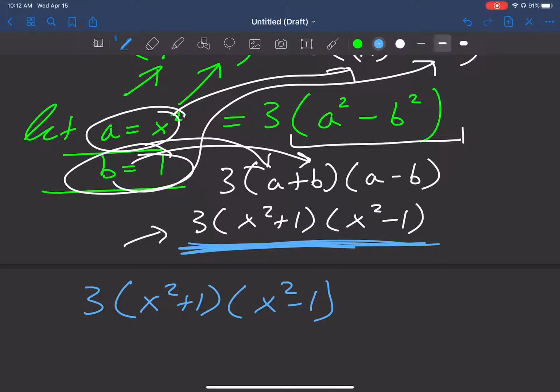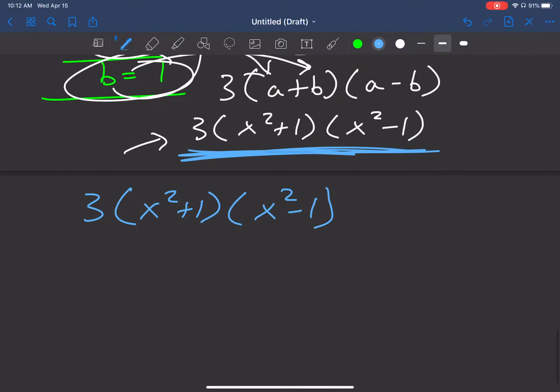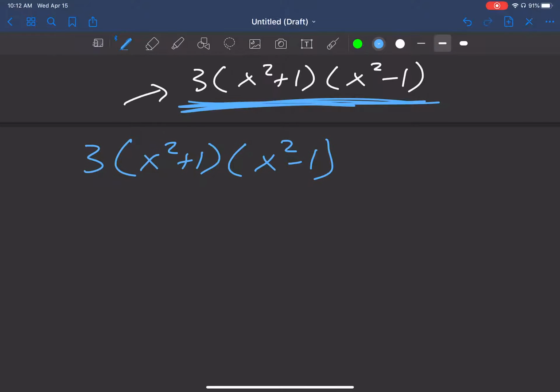But that shouldn't be the best justification. If you're in a time crunch, since you're not penalized on the SAT for guessing, go ahead and bubble D in. But if you have enough time, we can see this is just going to be the same formula where a is x squared and b is 1.